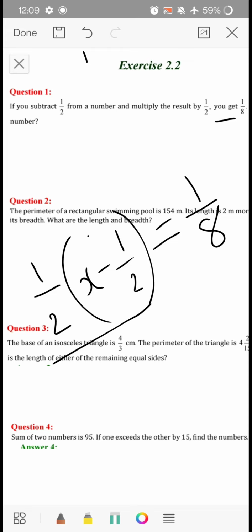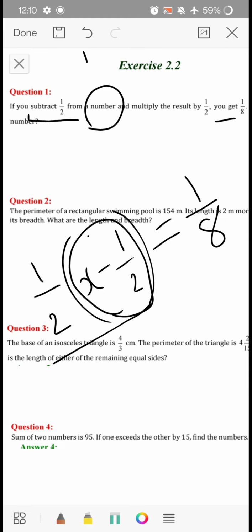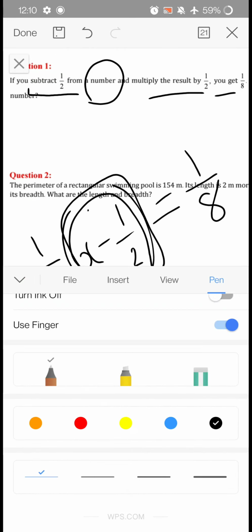Again I am explaining, let's read it whole and then after we'll try to solve it. So what's that? If you subtract 1/2 from a number, I don't know the number, hence I have supposed a number, that is x. So x minus 1/2, then after multiply the result by 1/2.